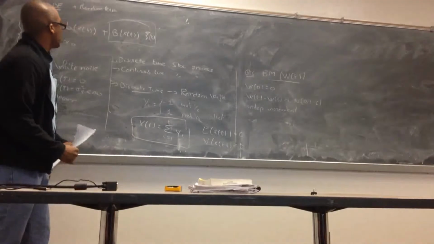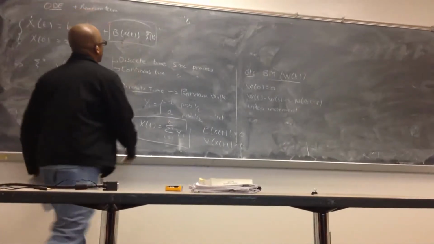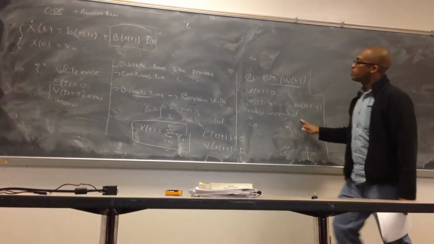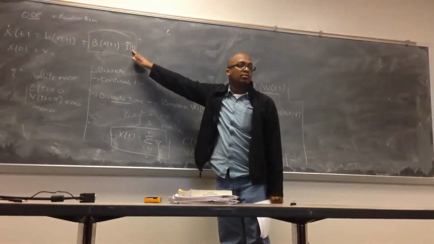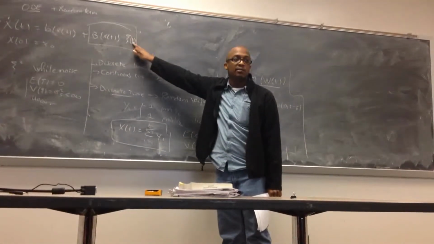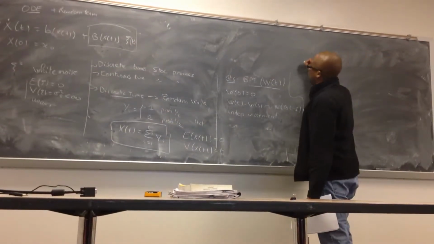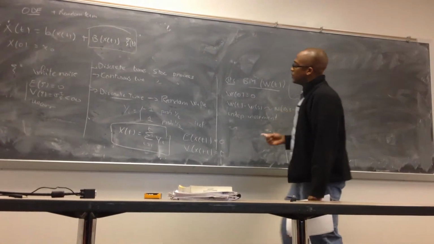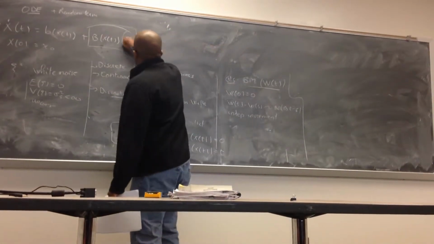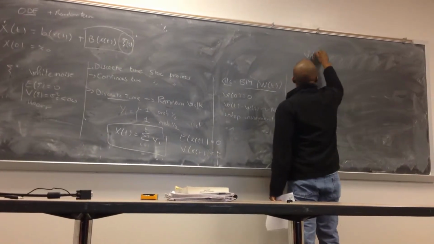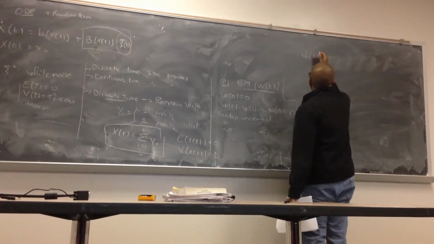So what we can do then is to use a Wiener process to specify how the randomness moves. There is a heuristic argument for this.